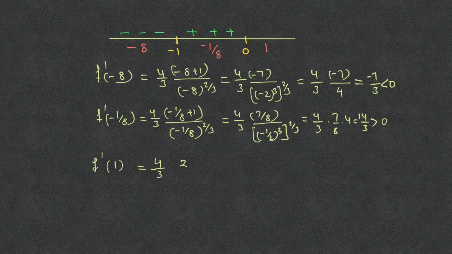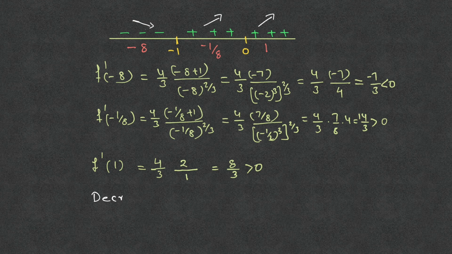F prime of 1 is equal to 4/3 times 2 divided by 1, which is 8 over 3, a positive number, meaning the function is increasing in the interval containing the test point 1.